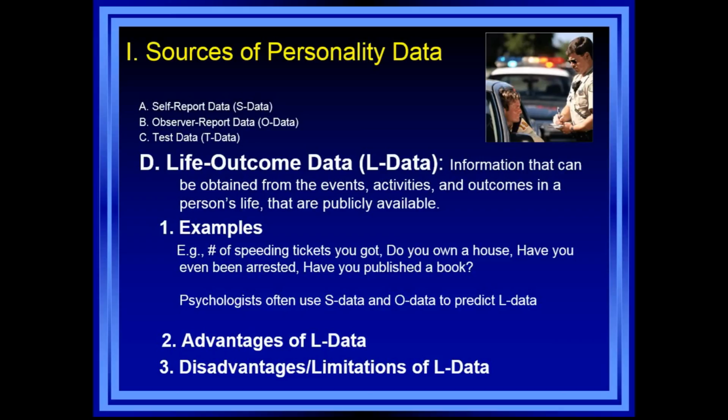Life outcome data is being used on you all the time if you're on the internet. Spyware is a great example. Spyware tracks what sites we go to on the internet, and then it sends that information to marketers, and then they customize their advertisements to us and to the spam we get.